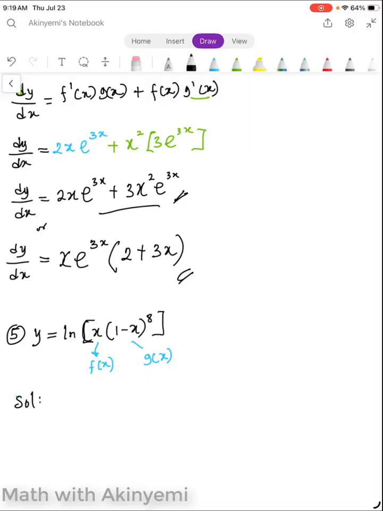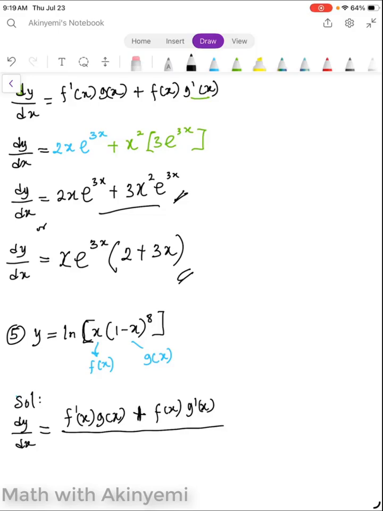Solution. dy over dx. Don't forget the formula, which is the derivative of f of x multiplied by g of x plus f of x multiplied by the derivative of g of x, because this is a product rule.